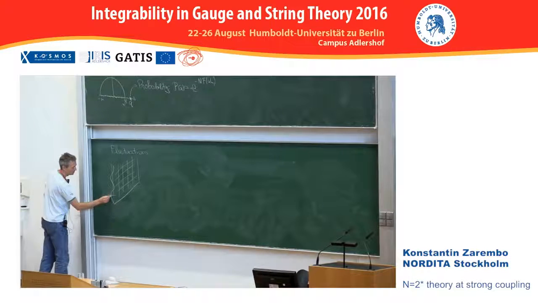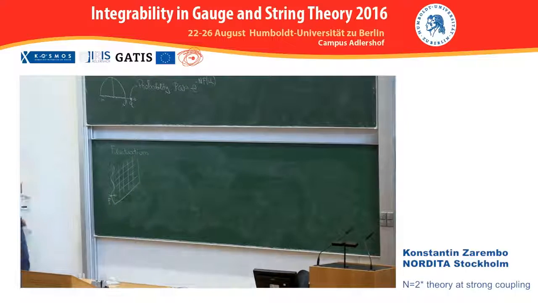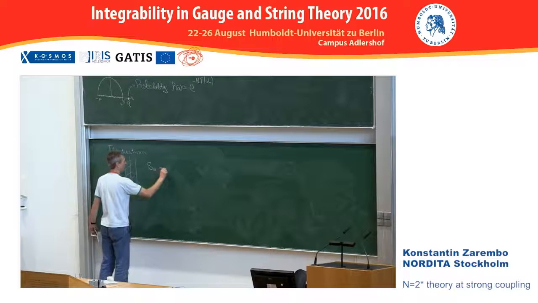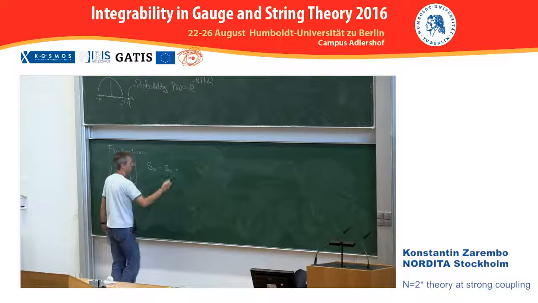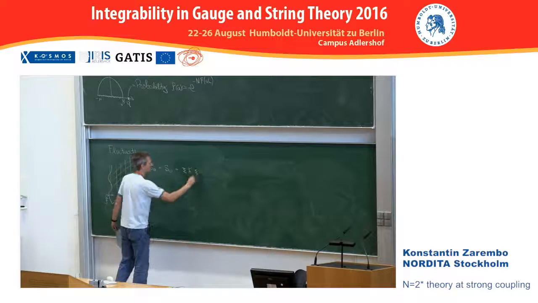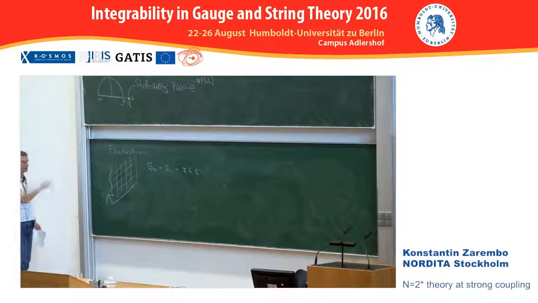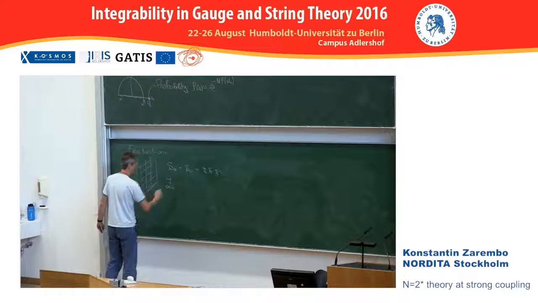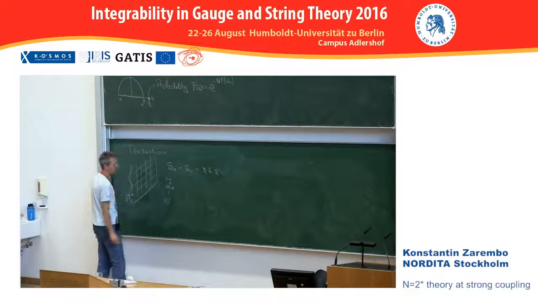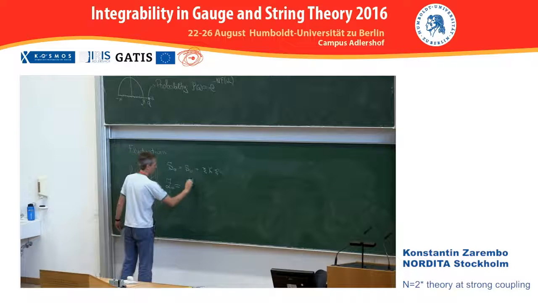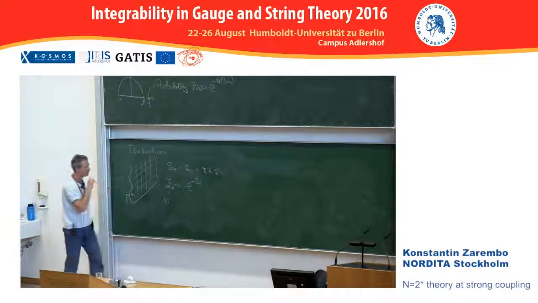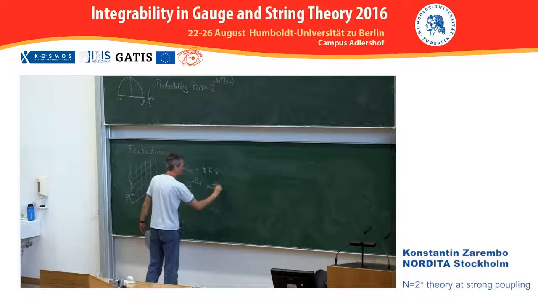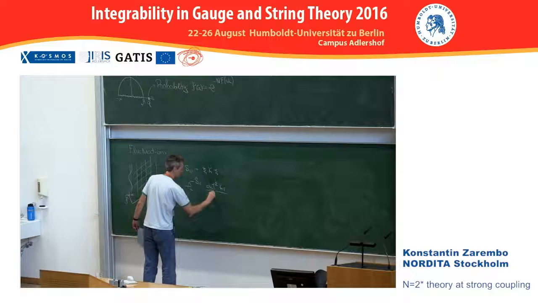So let's say the deviation is xi, and then the string action will decompose into the classical part and then some quadratic part in xi. And then we integrate out the xi's, so the string path integral, which is the Wilson loop, will be equal to e to the minus S classical. This gives the area law. But then there will be a ratio of determinants for fermions and for bosons.